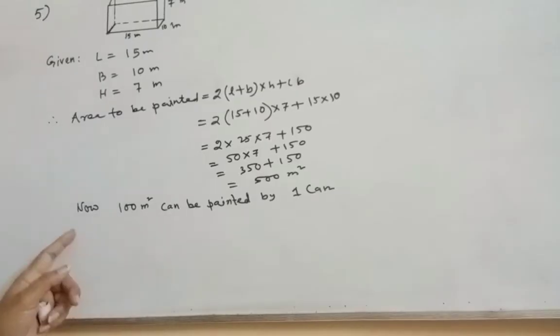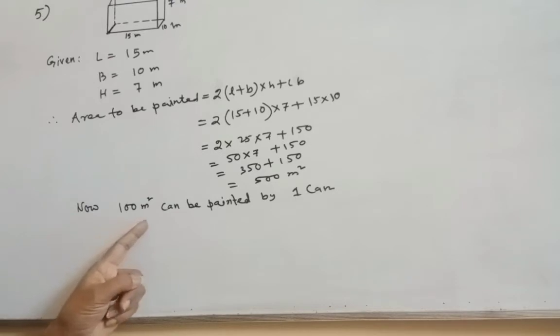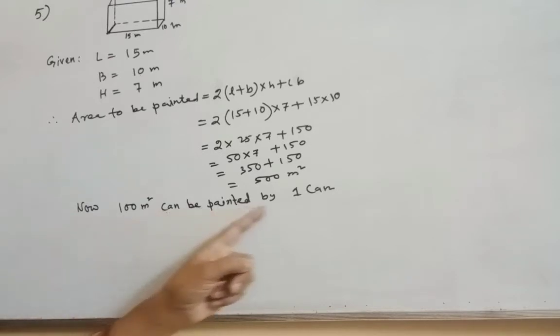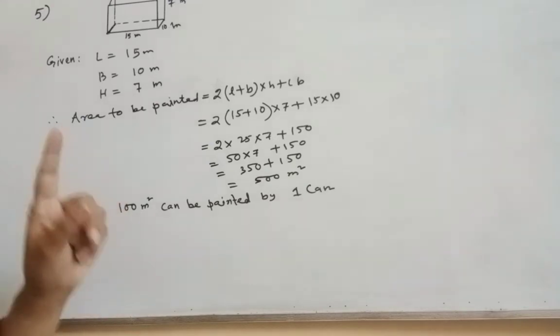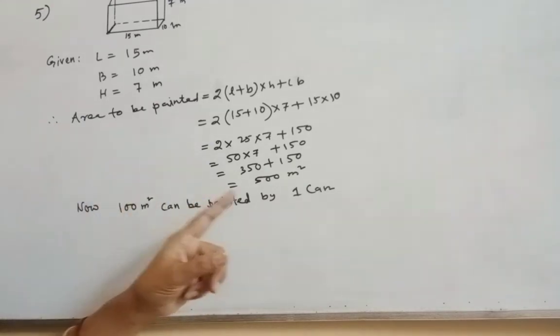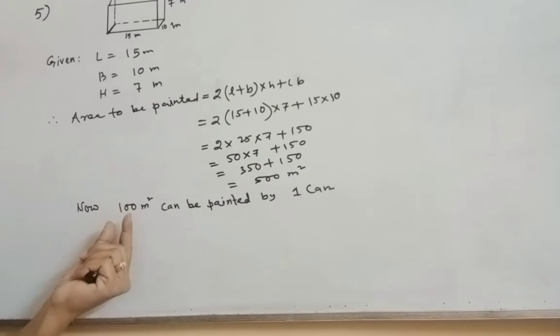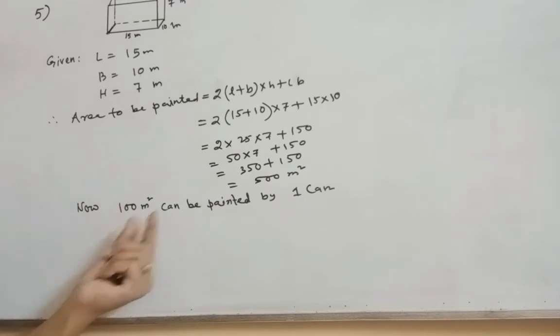Now it is given in this question that 100 meter square can be painted using one container, where 1 can of paint paints 100 meter square. We need to paint 500 meter square.